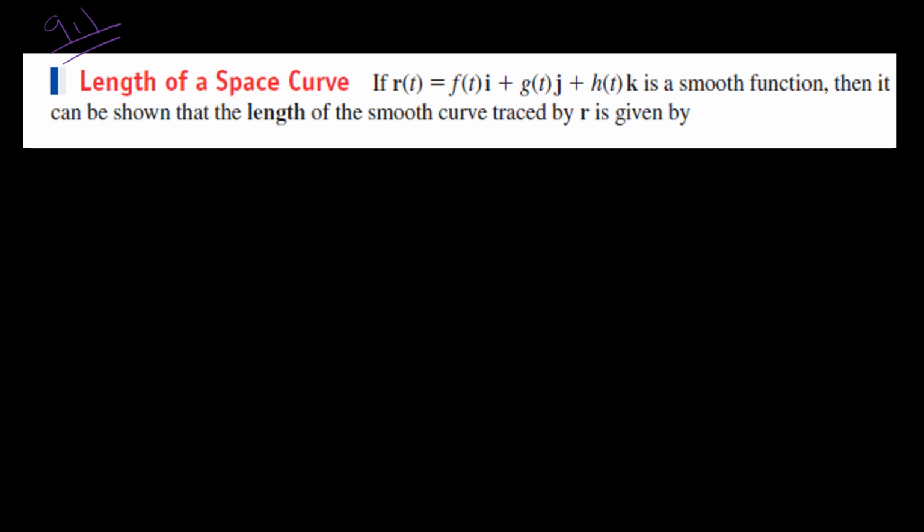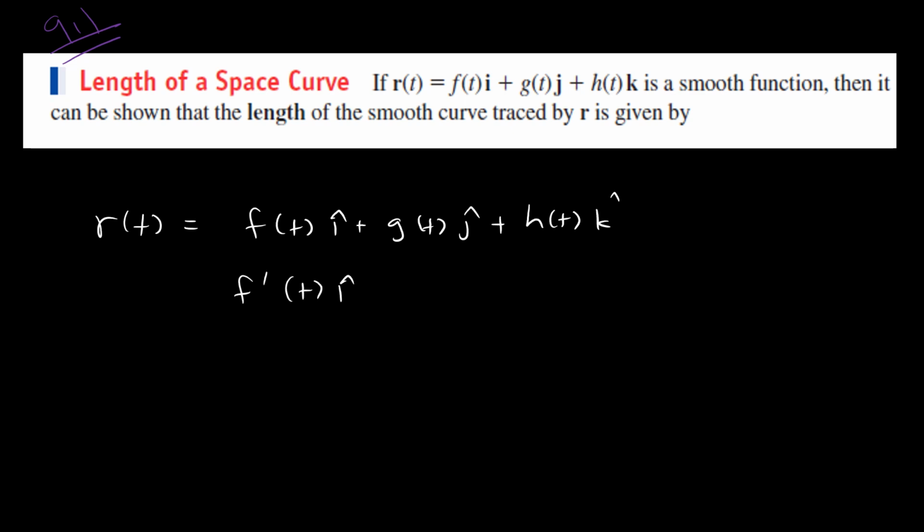Suppose you're given this vector function: f of t i hat plus g of t j hat plus h of t k hat. To find the arc length, first you take the derivative of each component: f prime of t, g prime of t, and h prime of t.